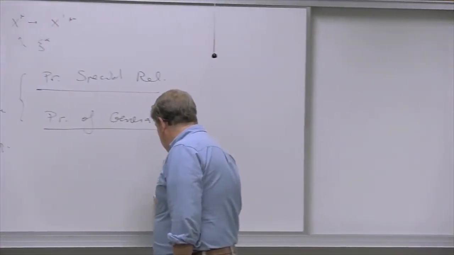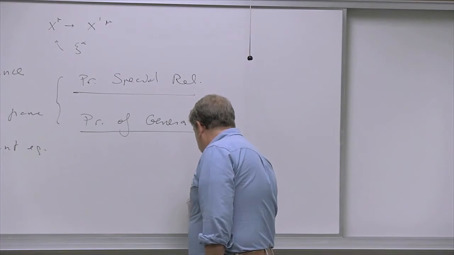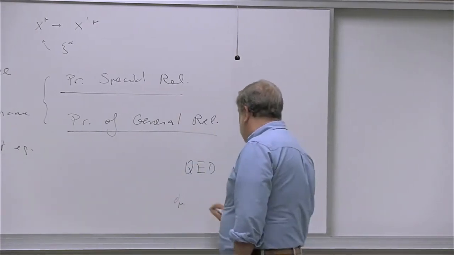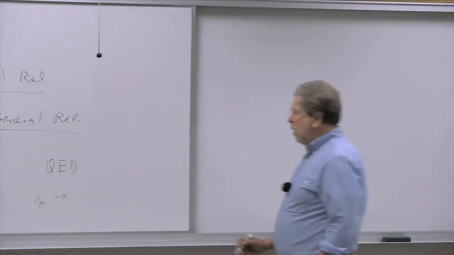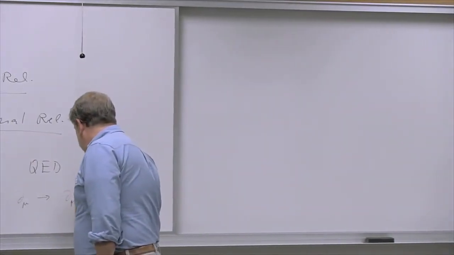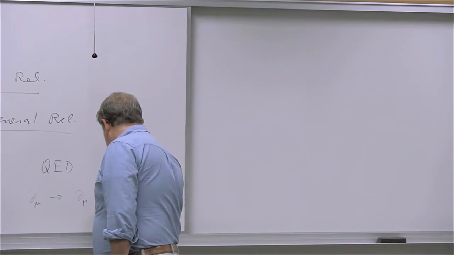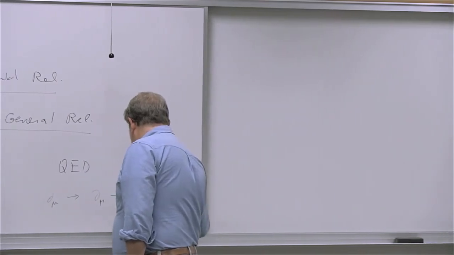And that is the reason why when you couple a particle to an electromagnetic field, you have to do the replacement in which the derivative is replaced by d mu minus i e over h bar c times A mu.